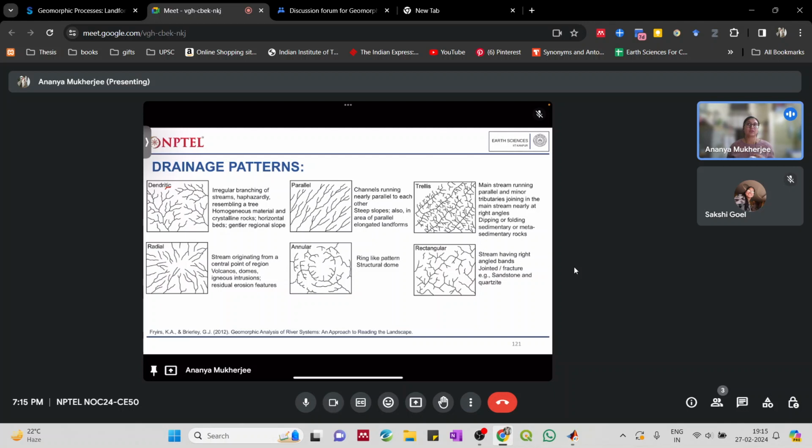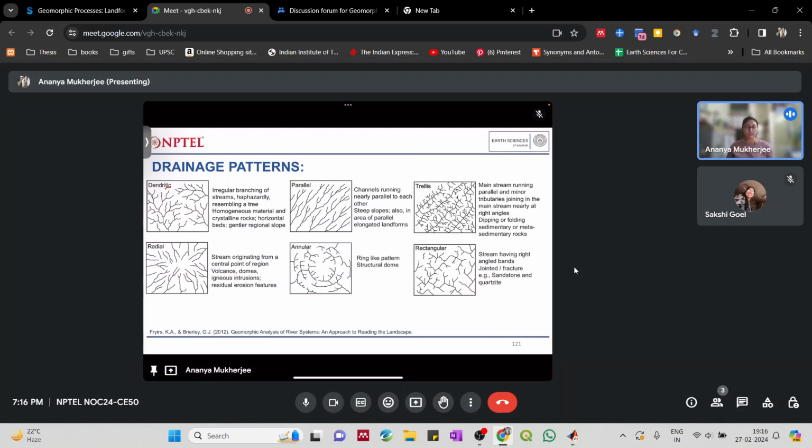Usually they try to flow through the different fracture zones that are formed due to weathering and erosion activities of the fluvial agent, and mostly they form in regions which do not have very steep slopes, so gently sloping areas. So usually you will find the dendritic drainage pattern there.